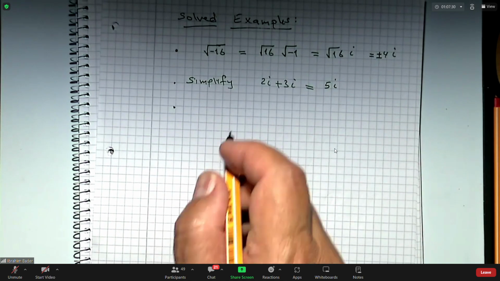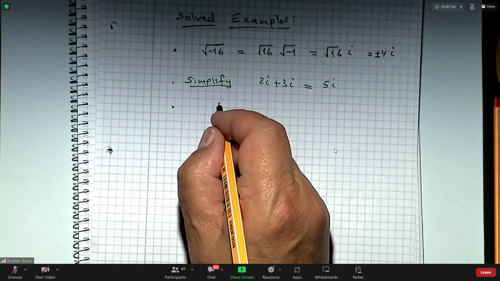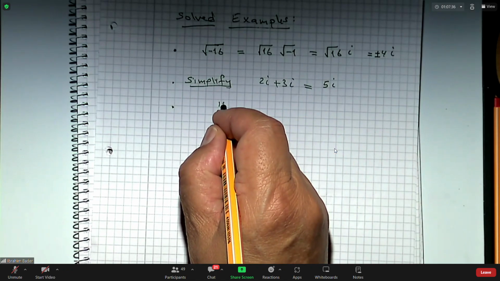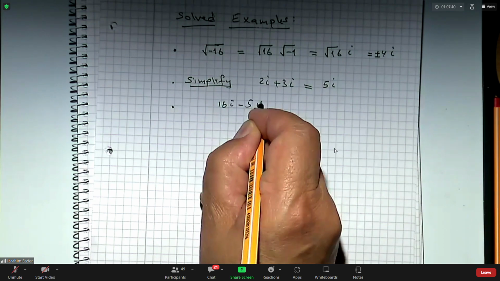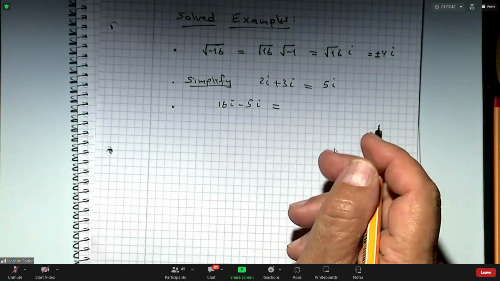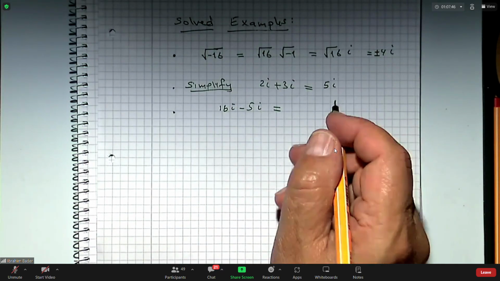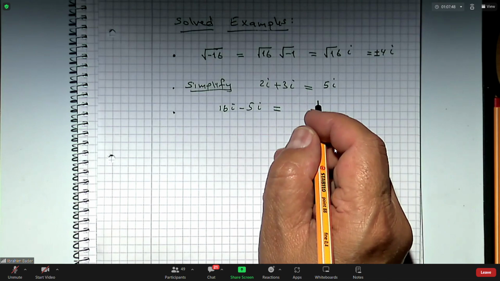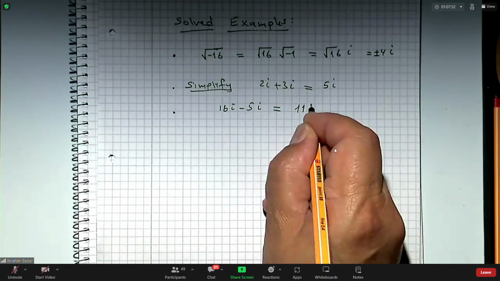And here simplify actually goes for all. So if I have, let's say, 16i minus 5i, very simple, straightforward, just to make sure that you understand the arithmetic behind that. 16i minus 5i, you get 11i.